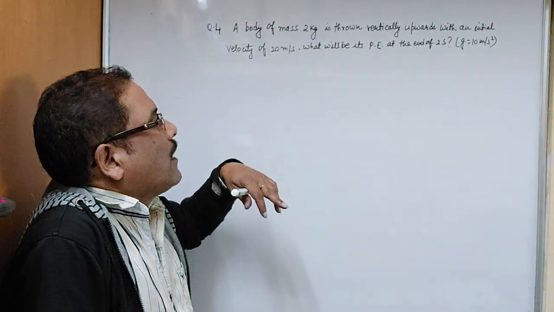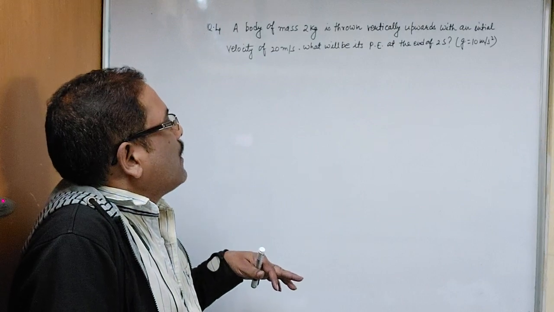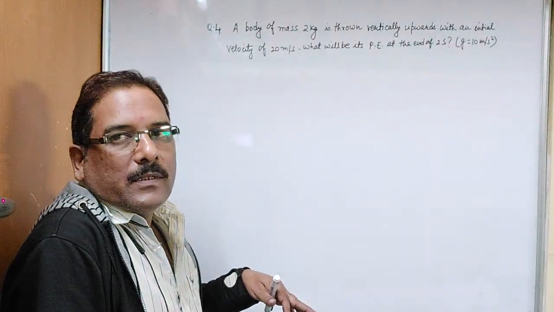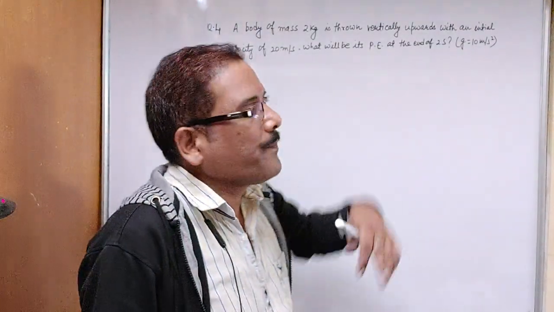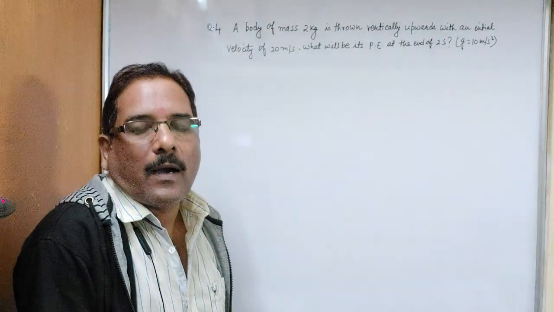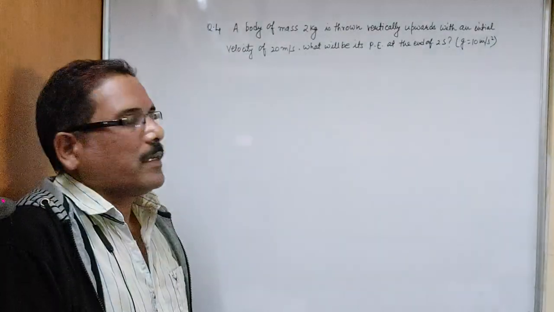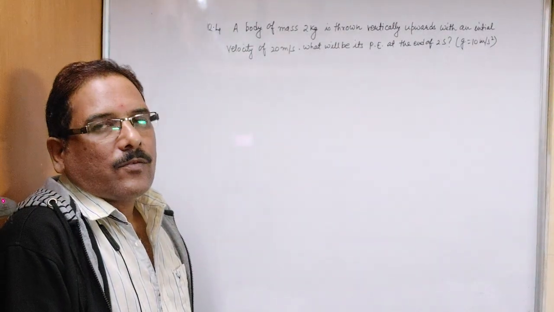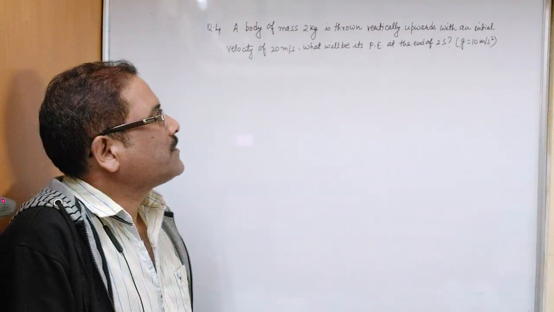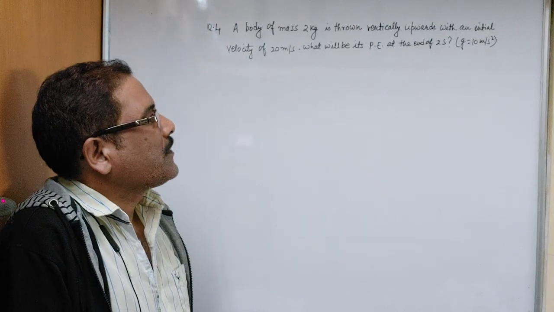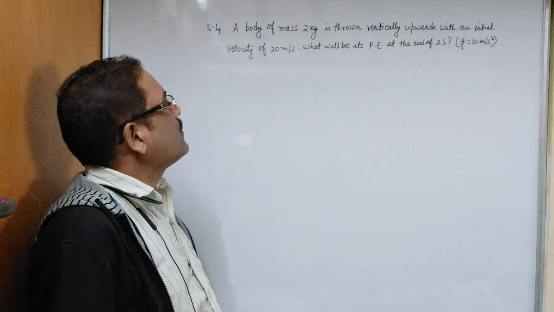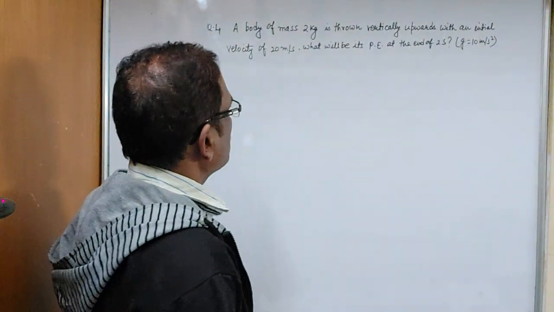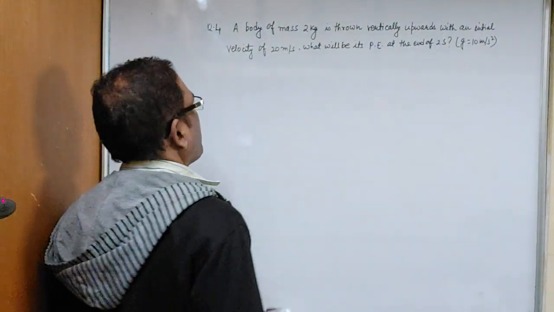Then acceleration due to gravity, g, that is also given, 10 meter per second square. And third one, height. So height is not given in this question. So you have to calculate the displacement, how much height it will acquire when we throw it with a velocity of 20 meter per second.